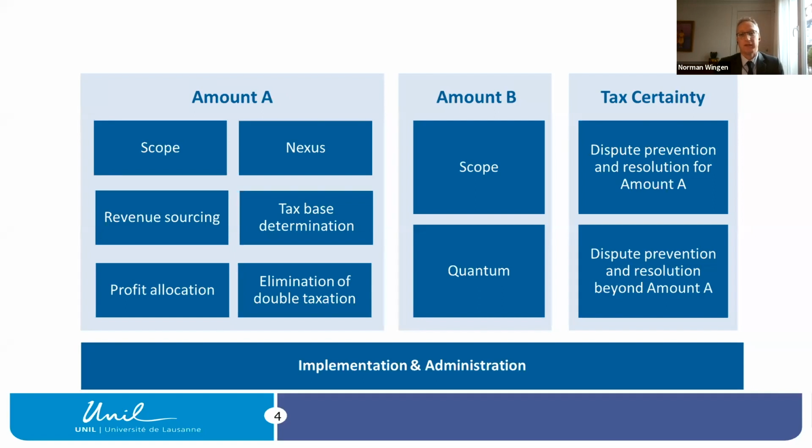And then my last comment on the tax base determination is losses. You see that it's a completely new approach, because we are not talking about losses on a legal entity basis and the question of how they can be used. If there are losses on a group basis, then they will be kept and calculated on a group basis. That's in line with the group-wide calculation of AmountA.